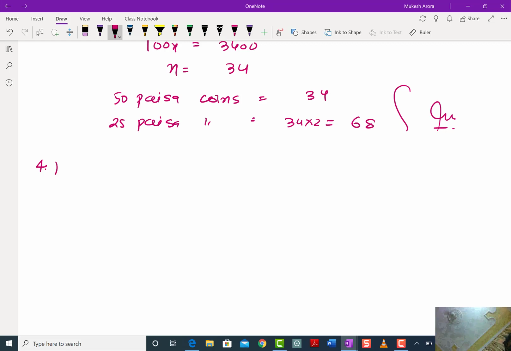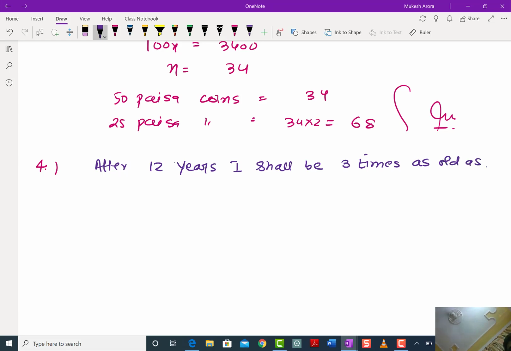After 12 years, I shall be 3 times as old as I was 4 years ago. Find my present age.